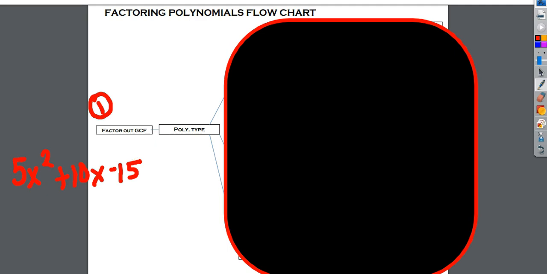So for this particular one, the GCF would be 5, and you're going to just divide everything by the GCF, which is there, and then put what is left inside.